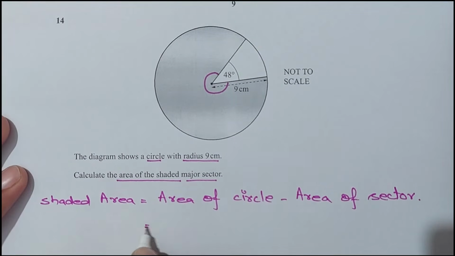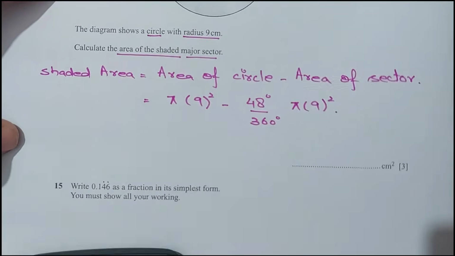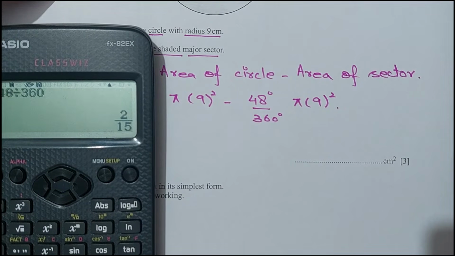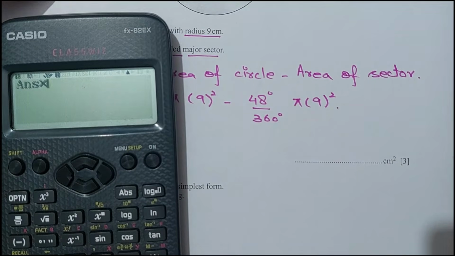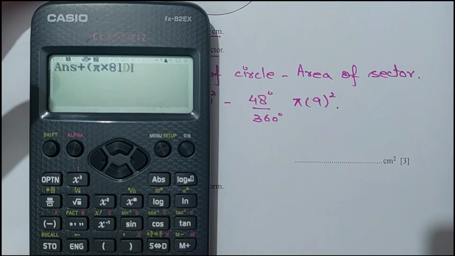Area of a circle is pi r squared. Pi times radius squared. And area of a sector is theta over 360 degrees times pi r squared. Okay, let me simplify this. So we can say 48 over 360 multiplied by pi multiplied by 9 times 9, which is 81, pi times 81 because 9 squared is 81.